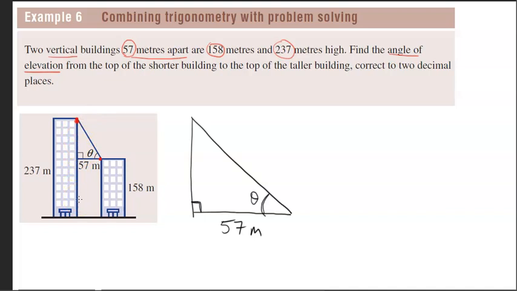We can work it out because we know the height of one building and we know the height of the other building, so we have to take that initiative to find out what that is by finding the difference. Okay, and that will give us this length here. So it's obviously not 237, but it's 237 minus that 158. That will give us this height here, which is exactly the same as this small height here.